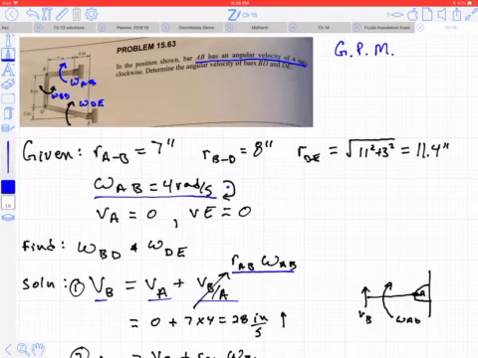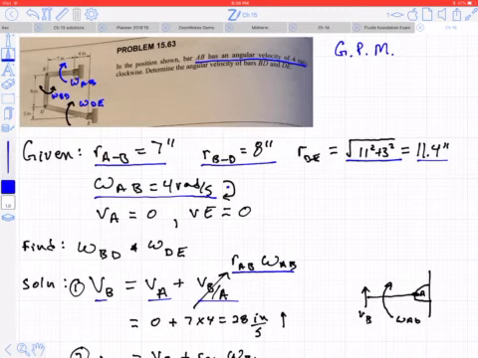We start with some given information. In the picture, the length of bar AB is 7 inches. The length of bar BD is 8 inches. The length of bar DE, we need to use a little Pythagorean theorem, 11 squared plus 3 squared, square root, to get 11.4 inches.